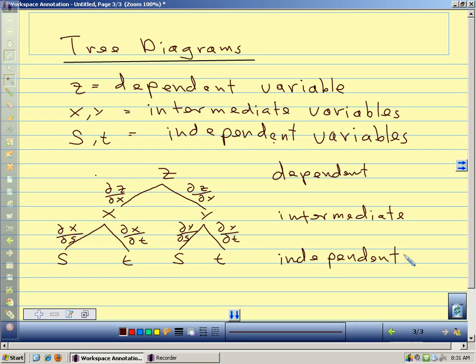To find the derivative that we're interested in, we follow along the branches that we want and add the results. So if we want dz/ds, we need dz/dx times dx/ds, and we just follow along the branches. And that's what we just wrote down.